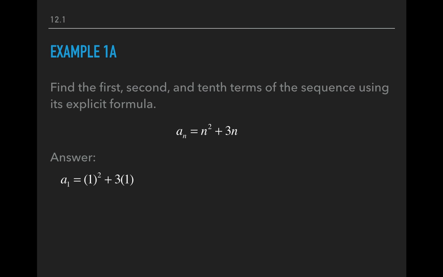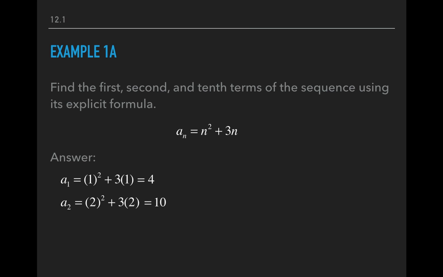We're looking for the first, so that would be 1. 1 squared plus 3 times 1, that gives us 4. So A sub 1 is 4. The first term is 4. The second term, I'll just plug in 2 for the position. A sub 2 is 2 squared plus 3 times 2, which gives you 10.